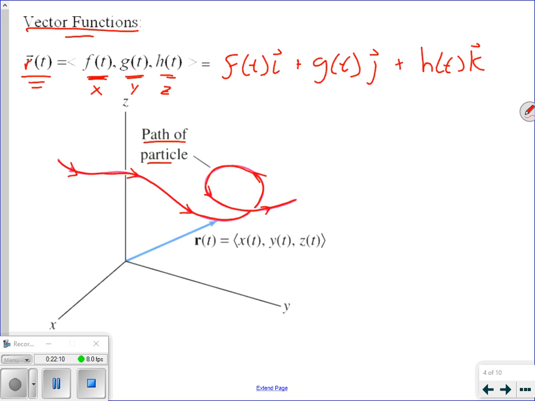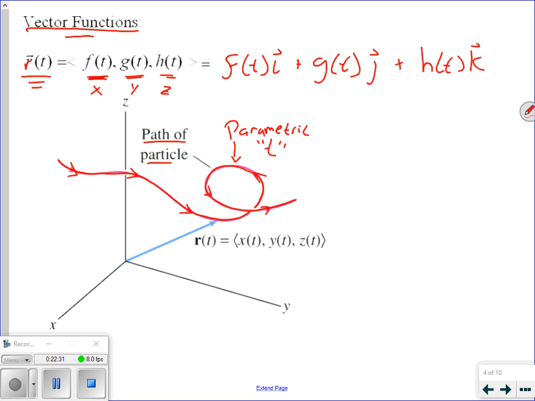So this looks very similar to a parametric equation. The thing about parametrics is that it's going to describe the motion or the path of a particle given some parameter t.